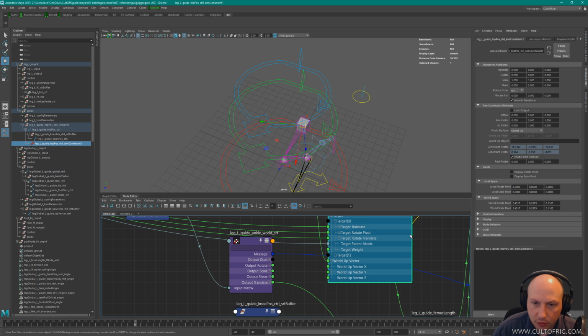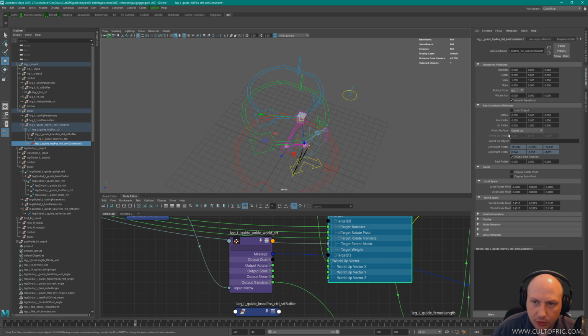So what I want to do now is, object up requires that I link an object. Do I care? Because what I would like is object rotation up, not a vector.